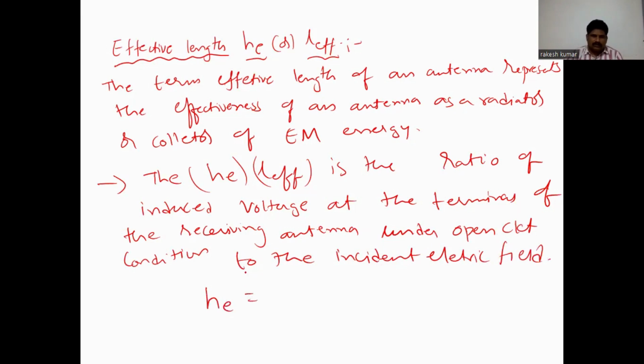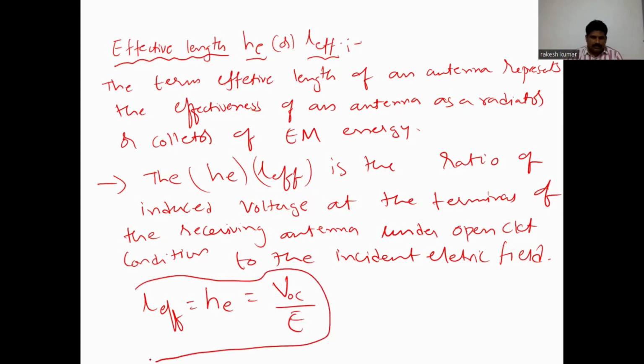So effective length H effective is equal to V_oc by E, where E is the electric field, whose unit is volts per meter. So this is the other definition.